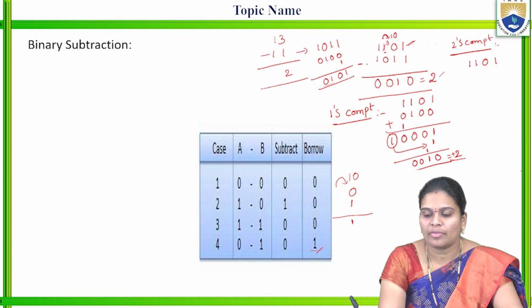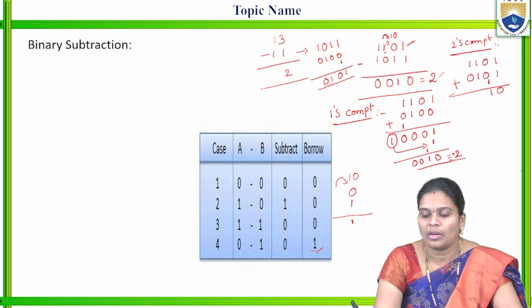Apply the 2's complement of this 11, 0, 1, 0, 1. Now add these 2 numbers. 1 plus 1 is 1, 0. Again 1 plus 1 is 1, 0. So in the 2's complement, the carry is present. Ignore that carry.